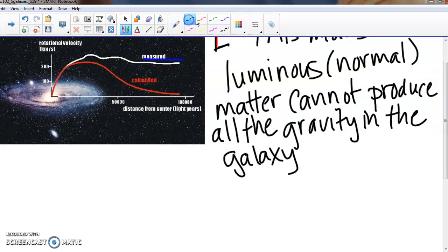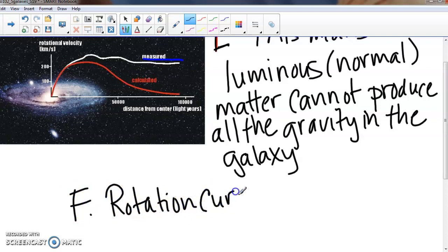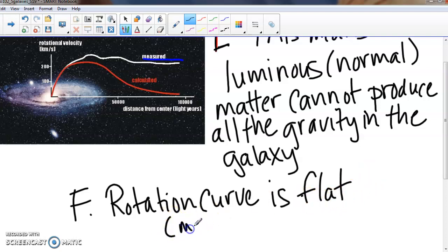So the point that I skipped here, and sorry, that's slightly out of order, is the rotation curve doesn't decrease, is more or less flat. So that means there is more mass further out. So rotation curve is flat means more mass farther out.